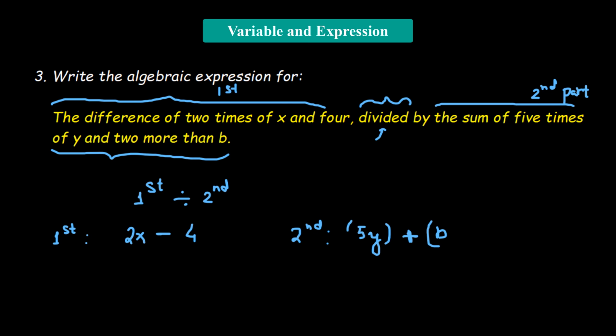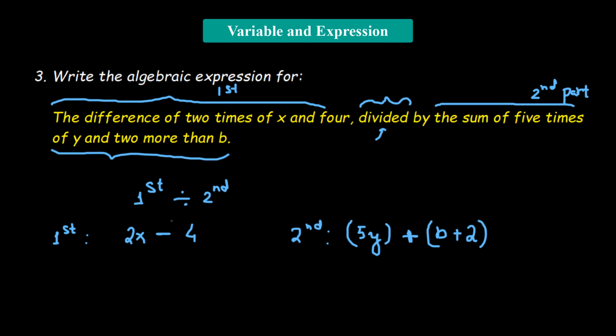Let me put it inside the parentheses. The second number is 2 more than b. We already have b, and we need to find a number which is 2 more than b, so that's simply b plus 2. Now that we have the two parts of the given mathematical statement converted into two algebraic expressions, we're going to combine them.